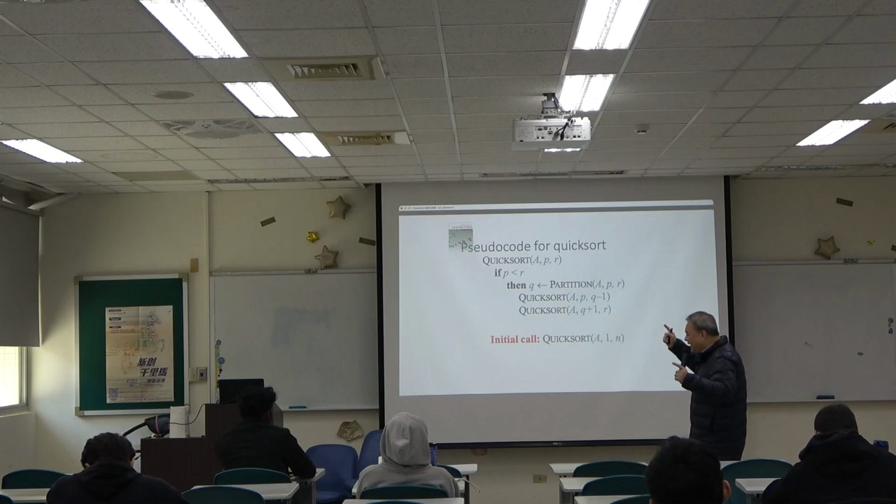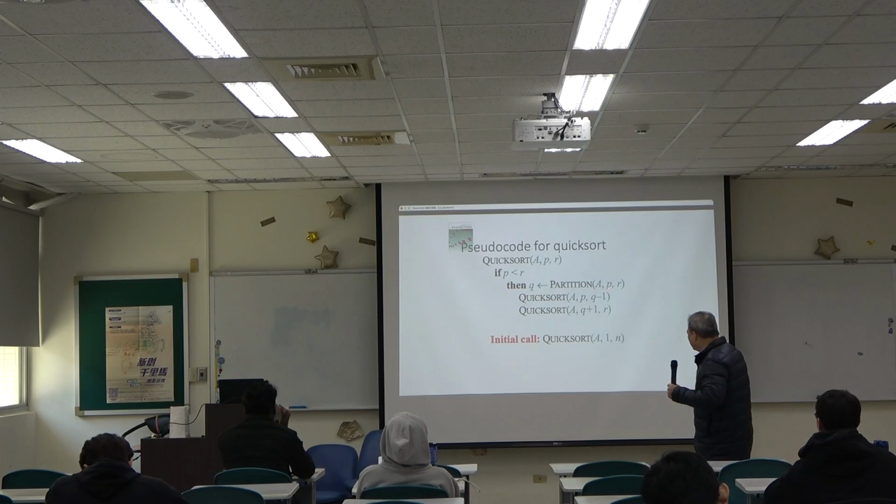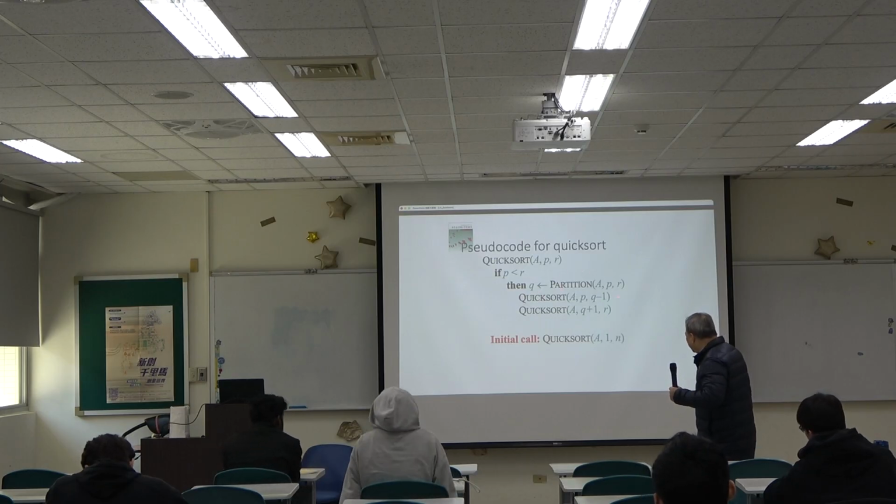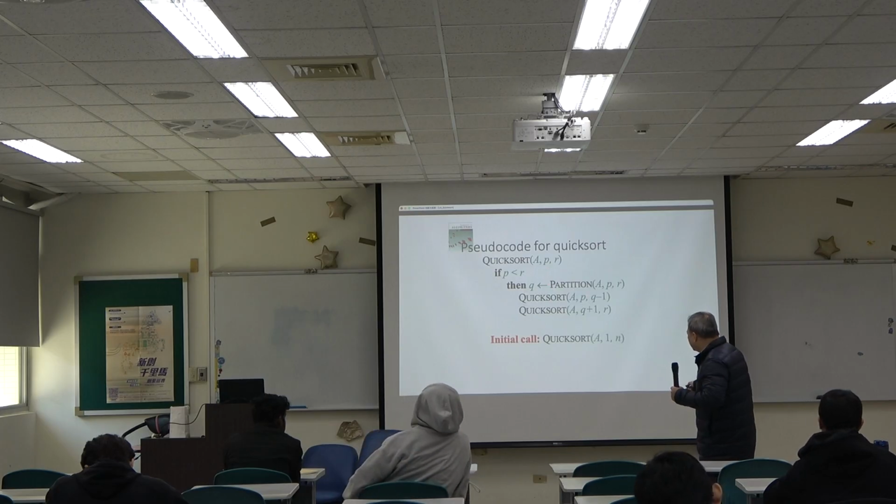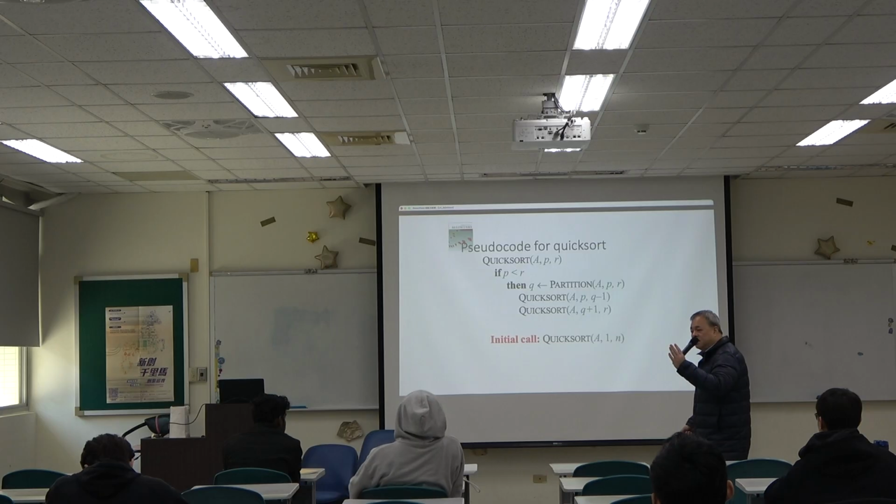R indicates the index of the last element. Of course, if P is smaller than R, then we are going to do the partition. At the end of this partition, Q is where the pivot is located. You will return the location of the pivot.